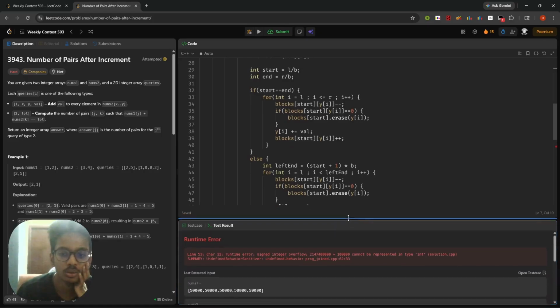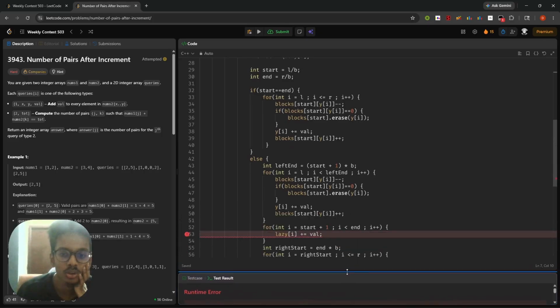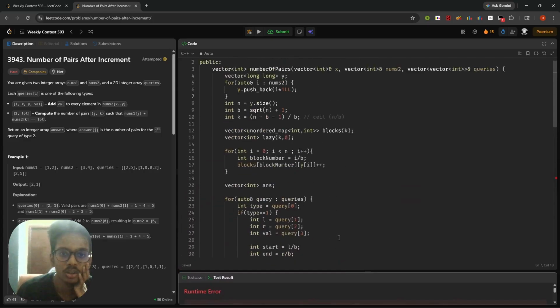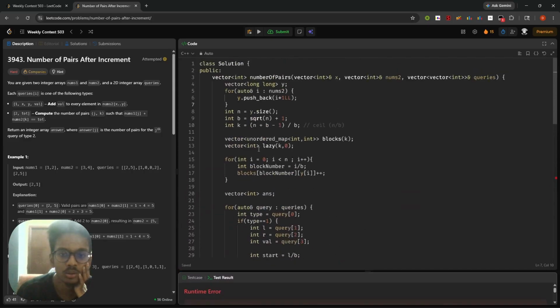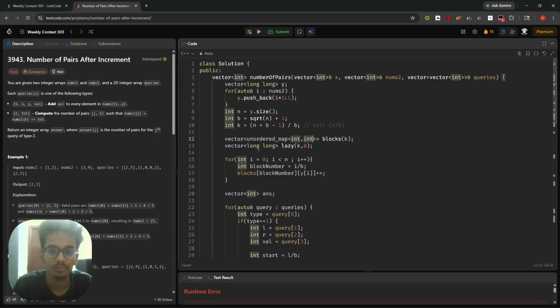And once again integer overflow. Let's make this long then. Let's make everything long.